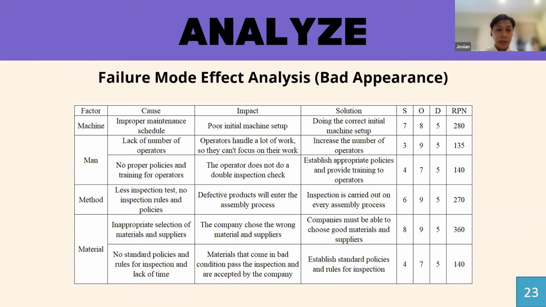And next is the failure mode and effects analysis of bad appearance. The SOD scores are obtained from the FMEA scoring rubric that has been previously displayed. RPN scores are obtained by multiplying the SOD scores.